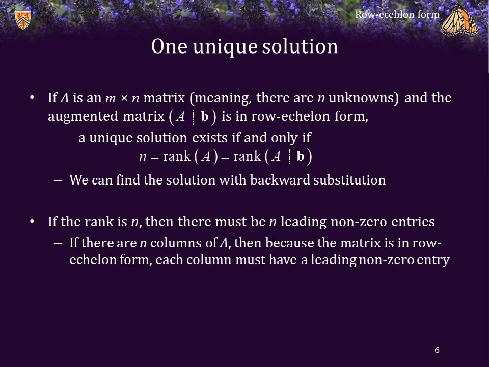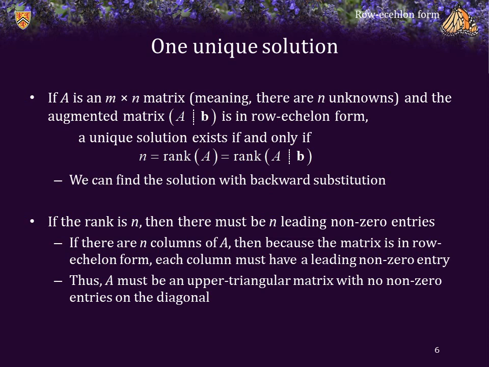After all, we saw that if a matrix is in row echelon form, no column can contain the same number of leading non-zero entries. Thus, the only possibility is for A to be an upper triangular matrix with no zero entries on the diagonal.